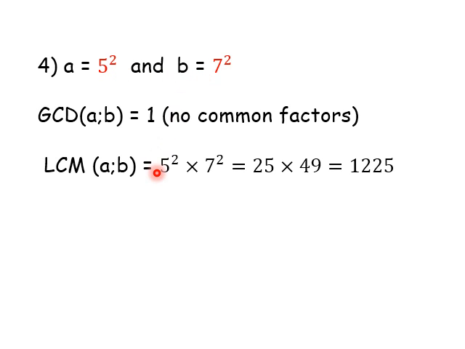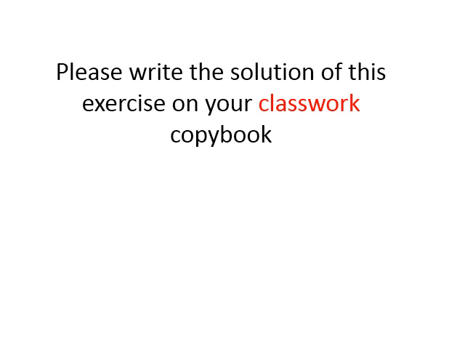Okay, so I have to write 5 squared times 7 squared. We know that 5 squared is 5 times 5, which is 25, times 7 squared is 7 times 7, which is 49. The multiplication of 25 by 49 gives us 1225.